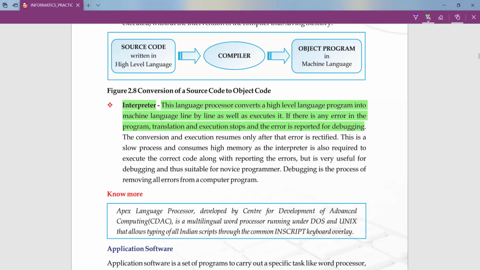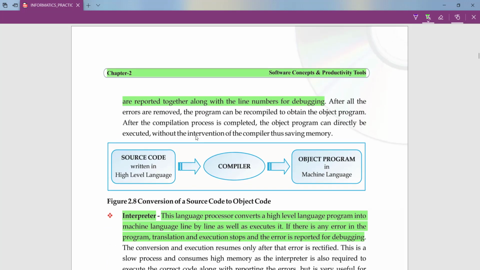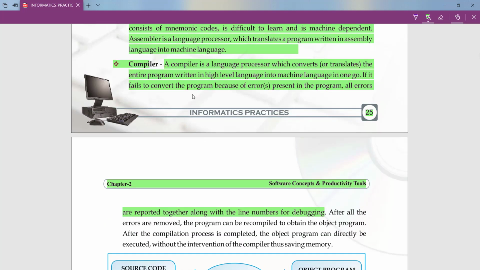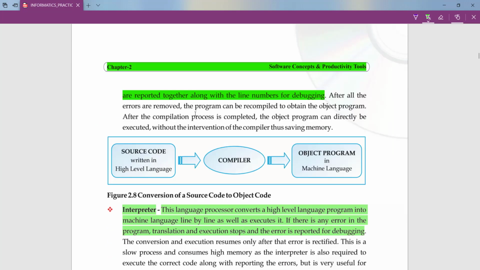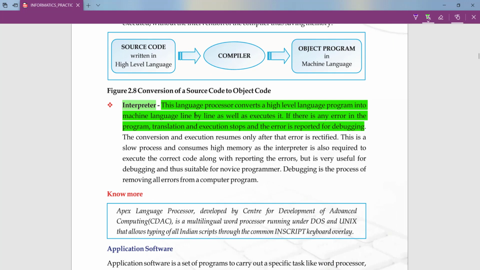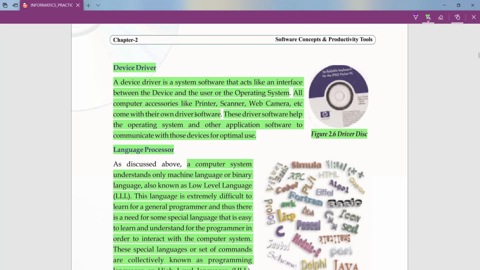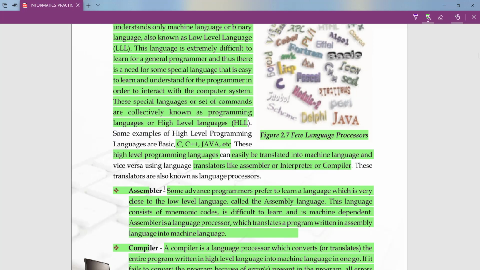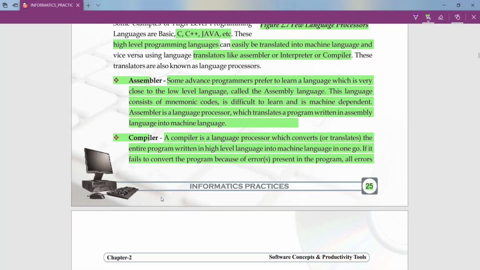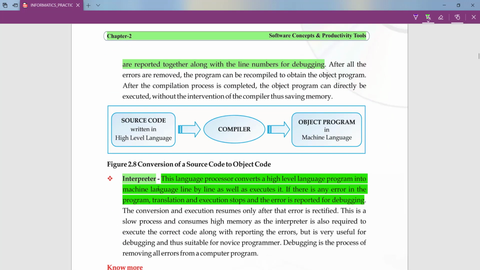This interpreter is used with Java and Python, and the compiler is used with the languages C and C++. Clear? So we have all these language processors. So note down the definitions of language processor and its types: assembler, compiler and interpreter.